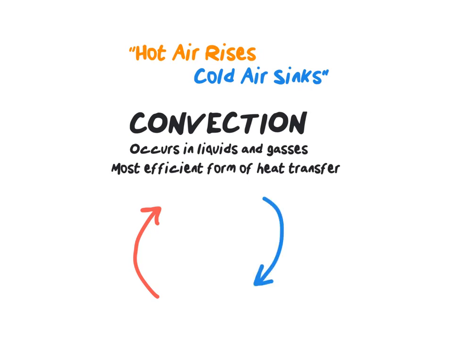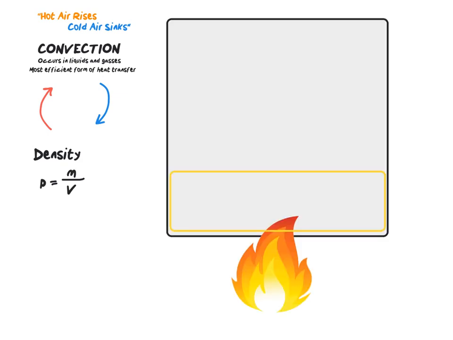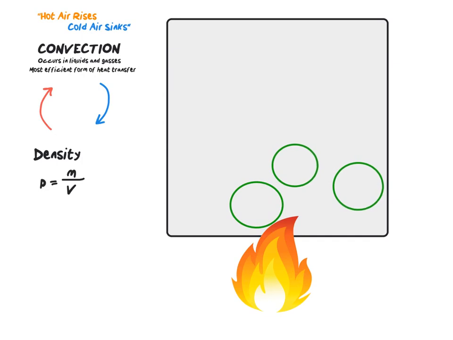Now, we're going to take a look at this in slightly more detail. If we think of the idea of density, mass per unit of volume, when the substance is heated up, let's say down here at the heat source, the volume increases, the object expands. We're going to get into that in a lot more detail later in this series, but let's just take a look at this from a very generic standpoint.